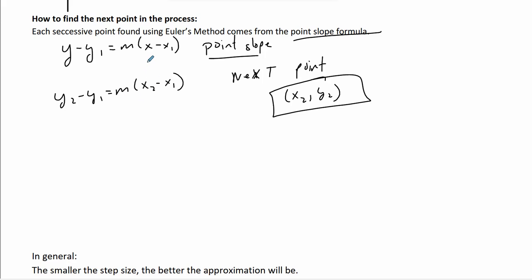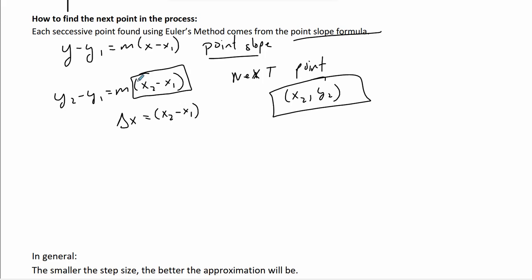What do I know? This x sub 2 minus x sub 1 is always going to be your delta x. Your delta x is always x2 minus x1, and so that's the change, like the length of the rectangle.